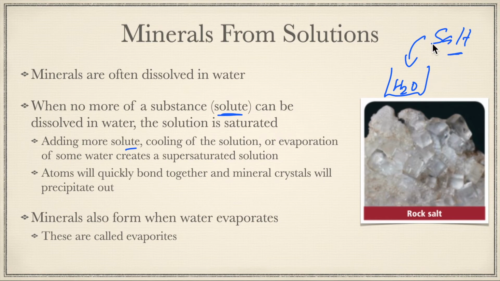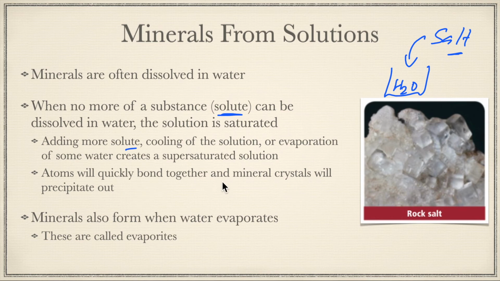If I dissolve more salt in warm water and then let it cool, suddenly I've got a supersaturated solution. Or if some of the water evaporates, now I have less water, more solute, and I end up with a supersaturated solution, because the salt does not evaporate. The salt stays even when the water evaporates.